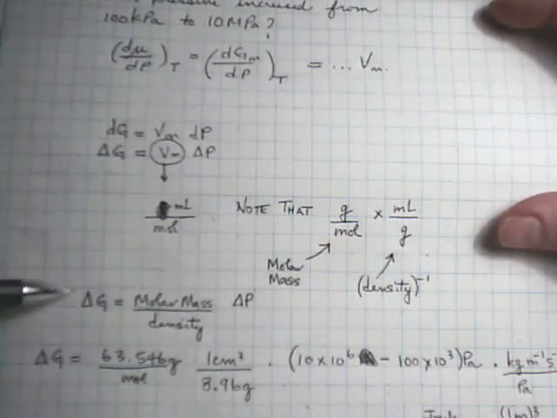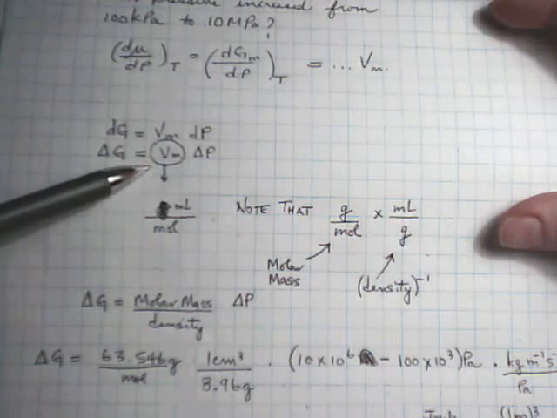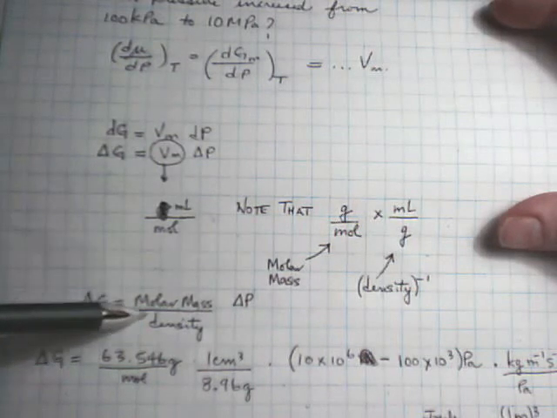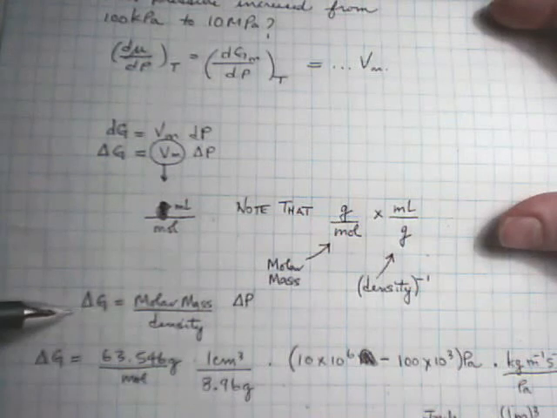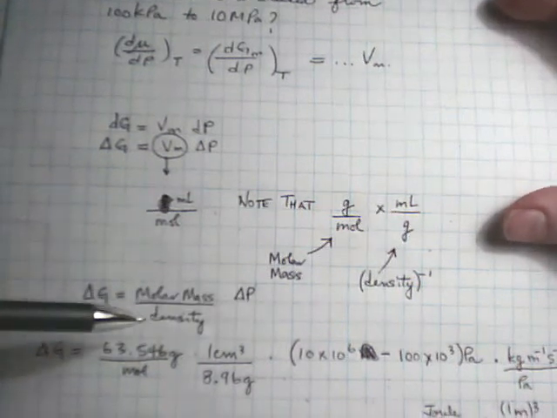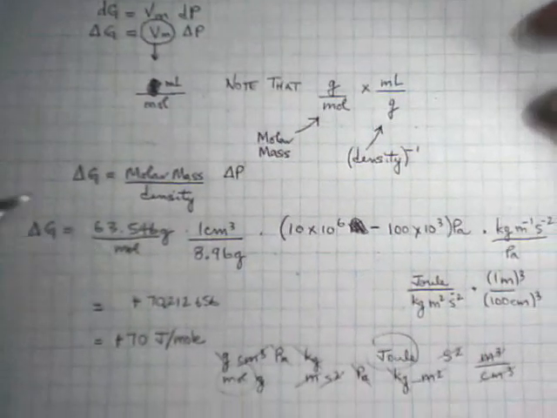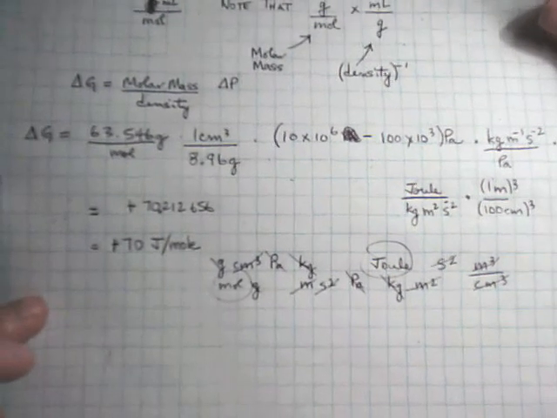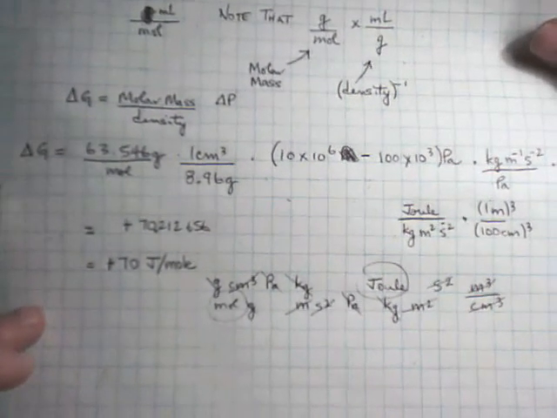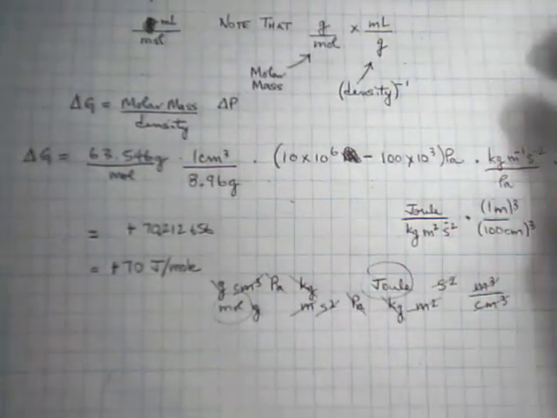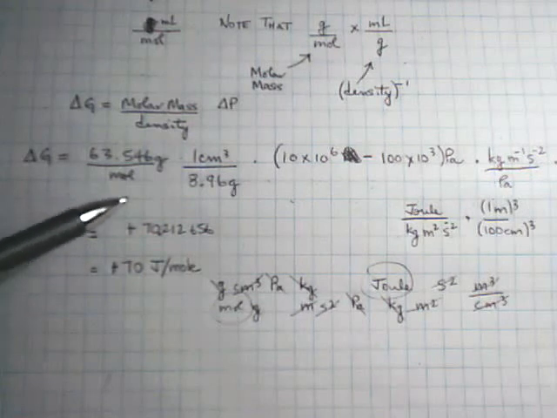So this becomes molar mass divided by density, slipped back into this same equation. Now remember, the delta P is given. I've decided not to recopy this in a neat form because I think you can just follow along with my first draft.